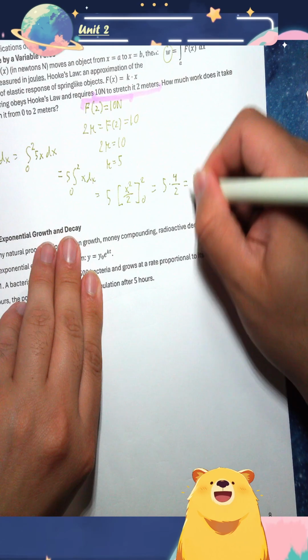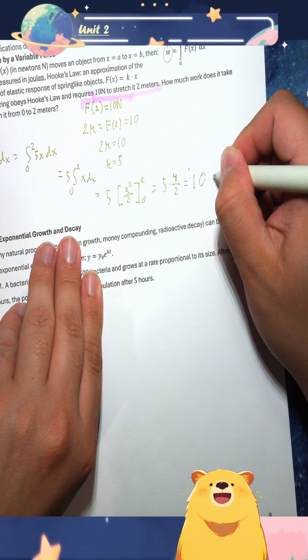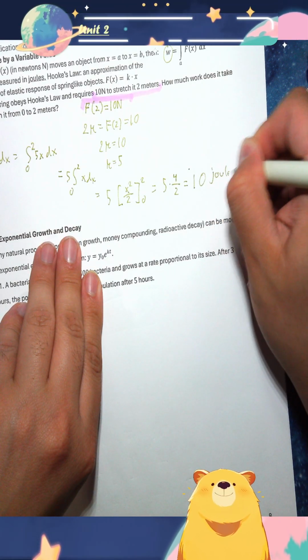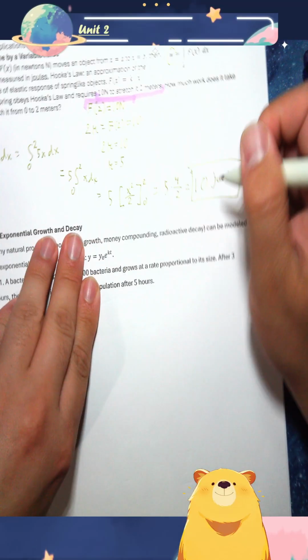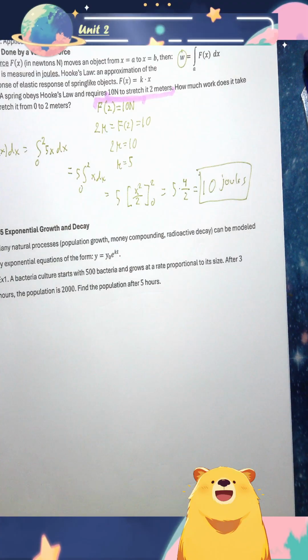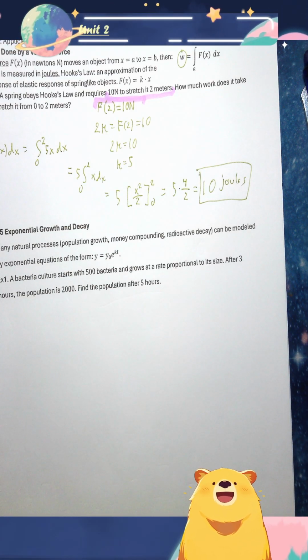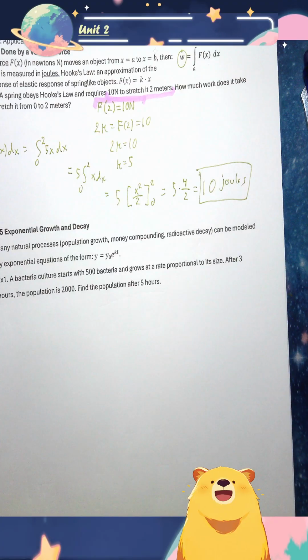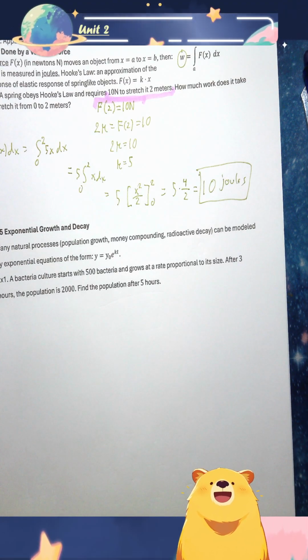That's going to be 10. And we're measuring work, so work is in joules. Right. So there's more to this, and you can keep going further with these sort of physics applications, but this is Cal, so we're not going to stress too much about it.